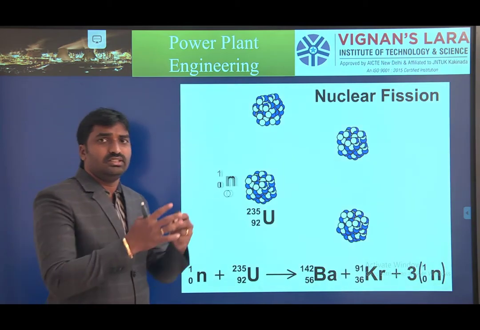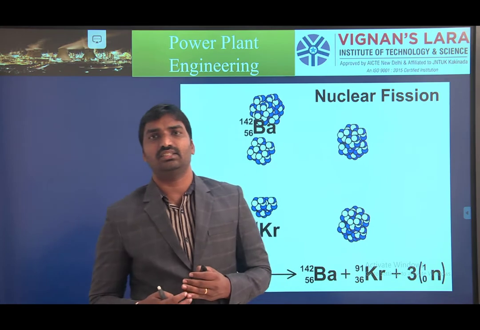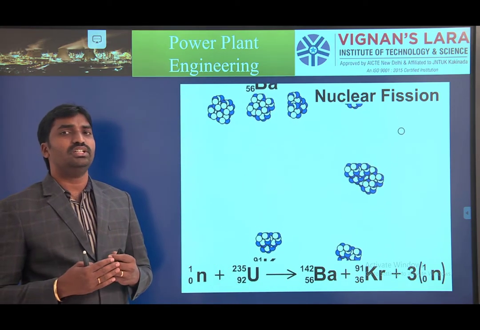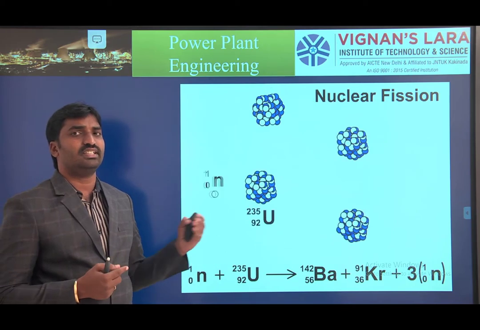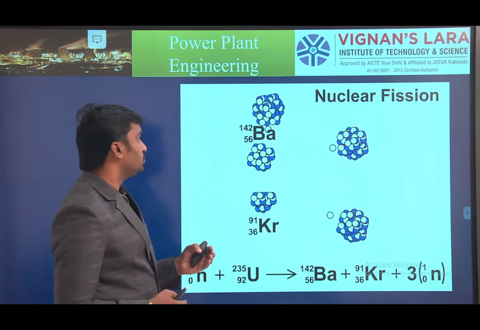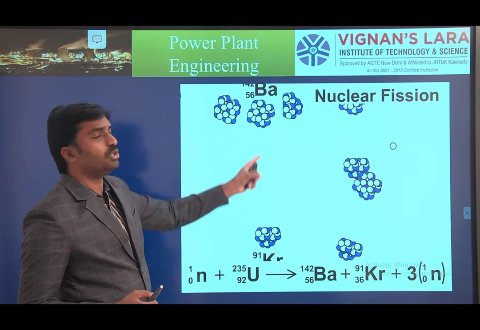In this process, the main important thing is the chain reaction. What happens in a chain reaction? We take uranium-235 or plutonium-239, and it collides with some other nuclear particle.